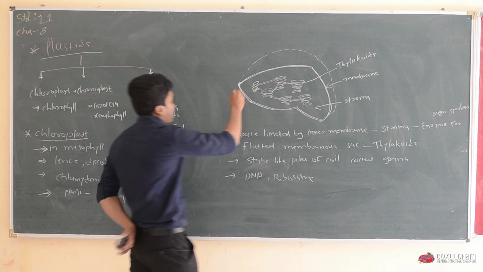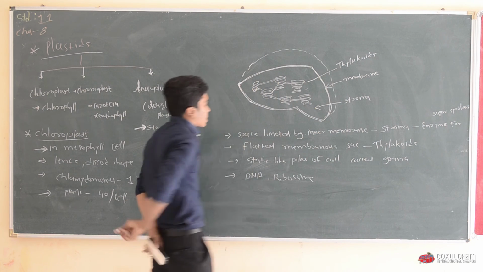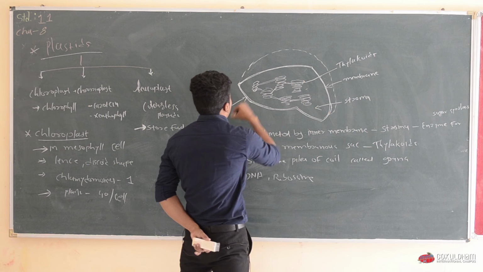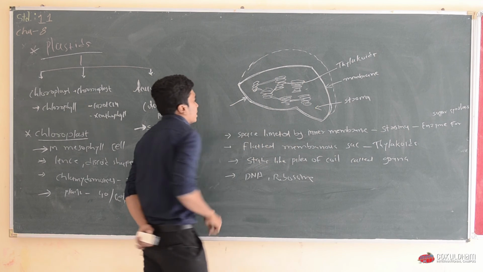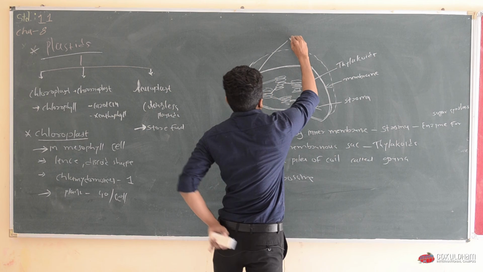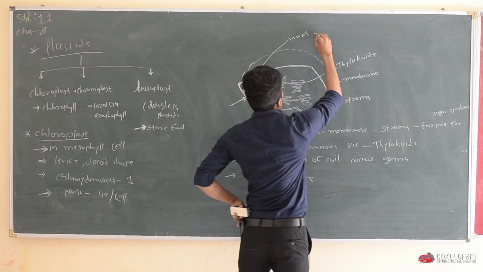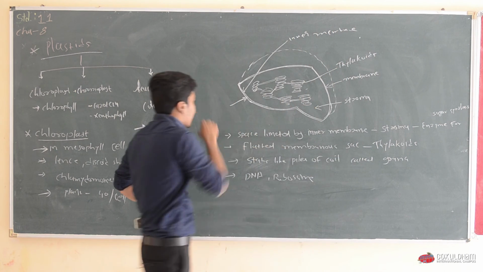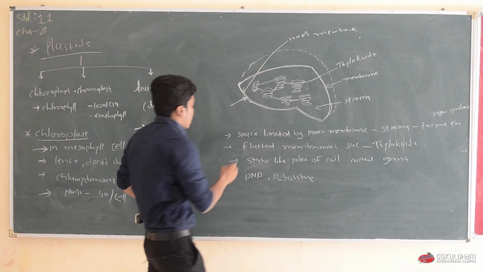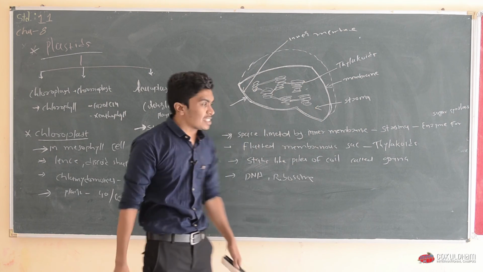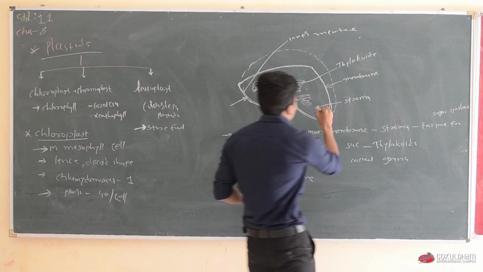Let us see the ultrastructure of chloroplast. The chloroplast is composed of a double membrane, the outer membrane and the inner membrane. Inside the inner membrane, the space limited by this inner membrane is known as stroma.